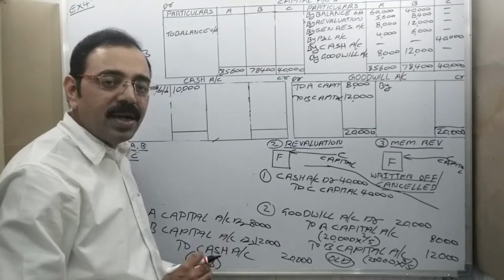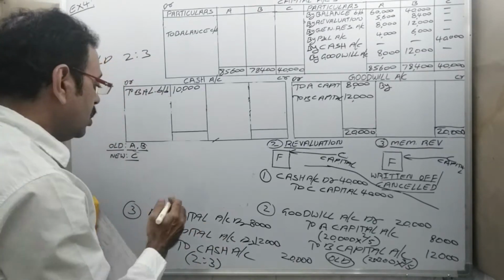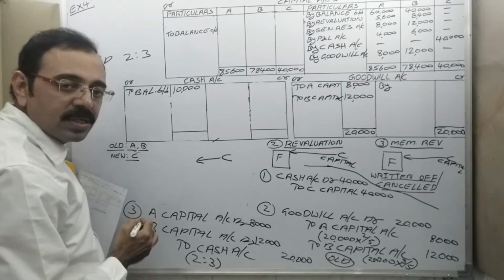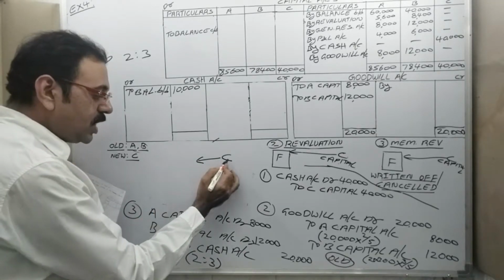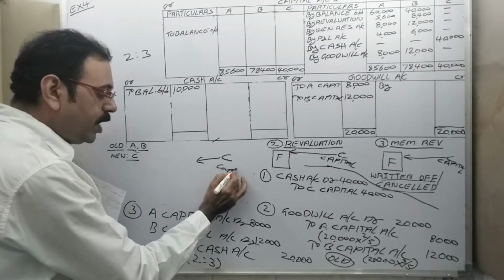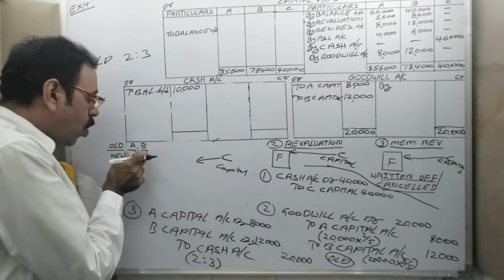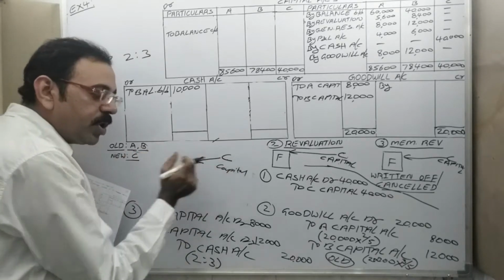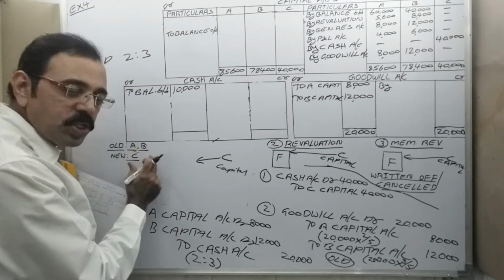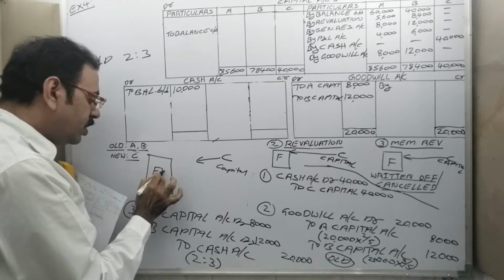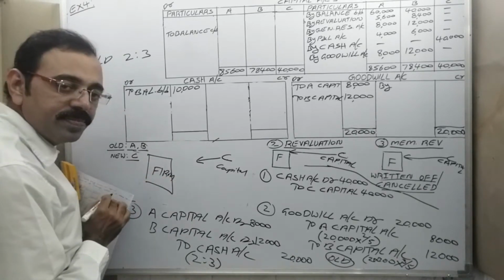Okay? Why like that? See, new partner C is coming into the business. When C is coming, he should bring capital, no? On what basis do old partners demand capital from the new partner? Based on the value of their firm.